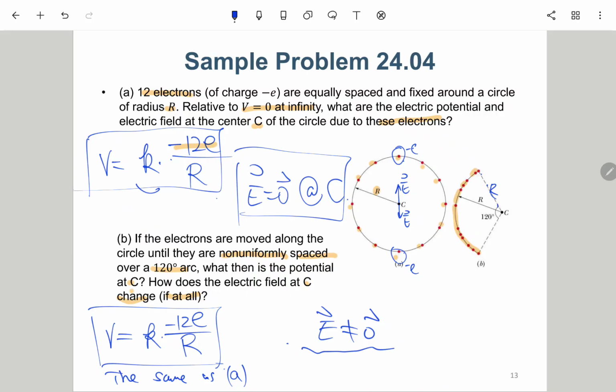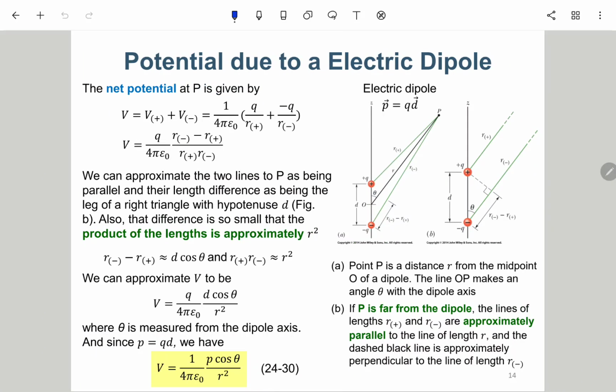So this is easy. Let's move to the other parts. The potential due to an electric dipole. If you still remember, in chapter 22 we learned the E field due to an electric dipole. But at that time, we could only get the expression of the E field along the z-axis.